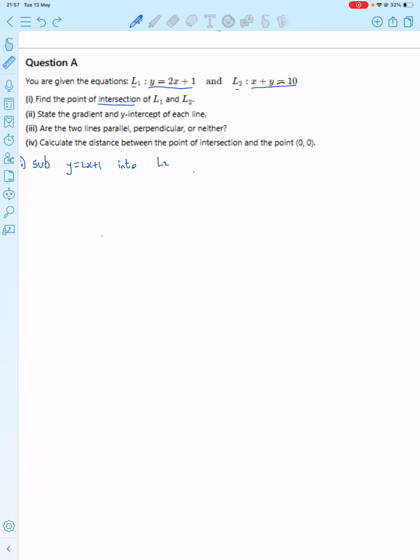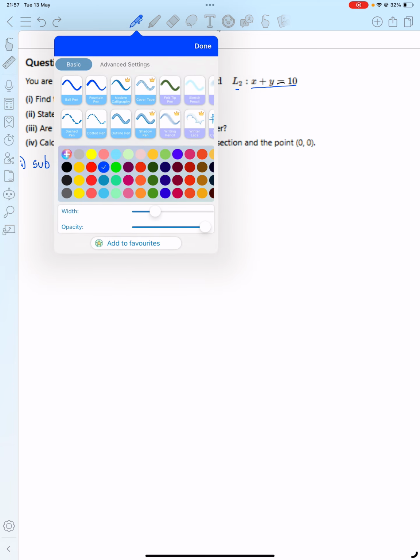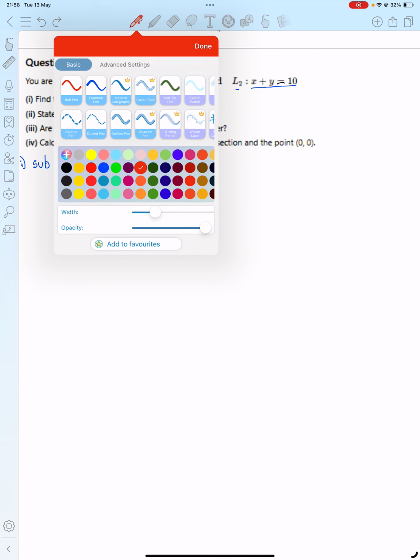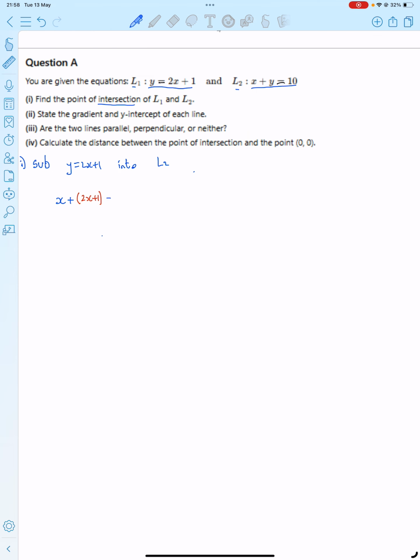So instead of writing x plus y, I'm going to put x plus this y, which is 2x plus 1. So I'm just going to make that very clear. This is the other version of y, which I'm putting into here. And that is going to equal 10.